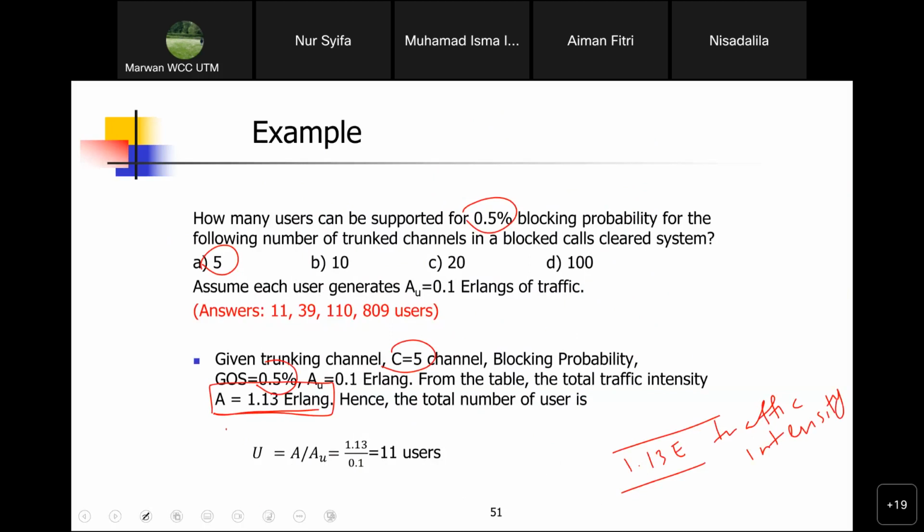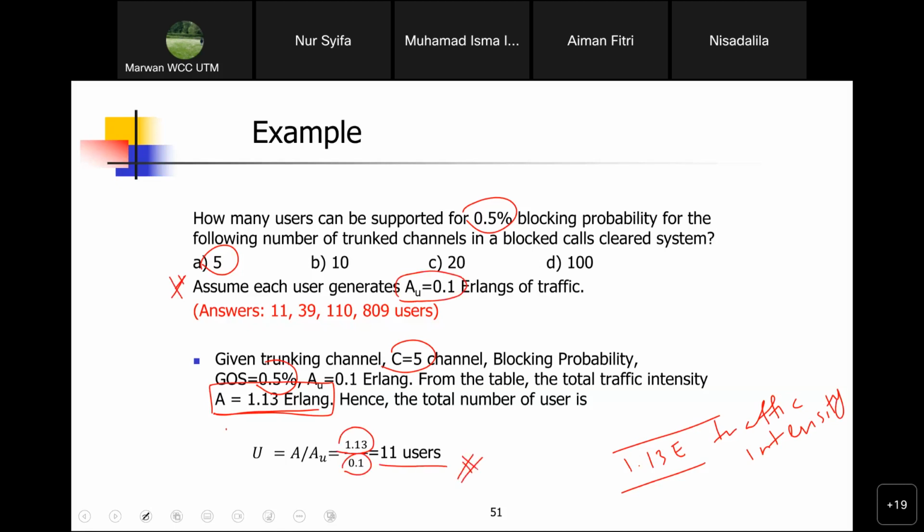Now, it is given that one user only requires about 0.1 Erlang. The cell can support 1.13 Erlang and one user requires 0.1 Erlang. You divide these two and you get 11 users.